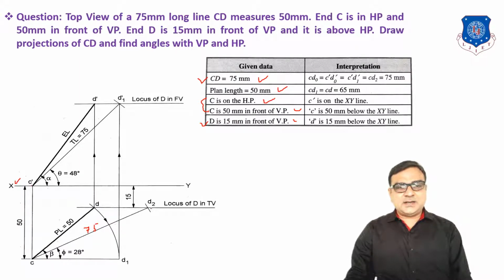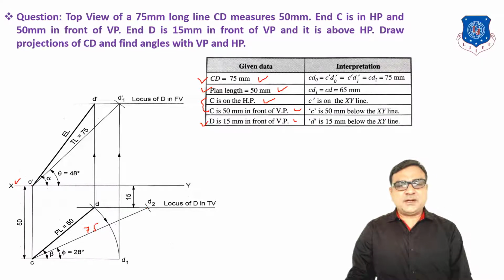Now here D2 and small d are always in a single line, but we do not know the location of D top view. So how to draw this small d? Because the plan length is 50 mm, with C as center and 50 mm radius, draw an arc. Now D is available, so join CD, which is the top view.